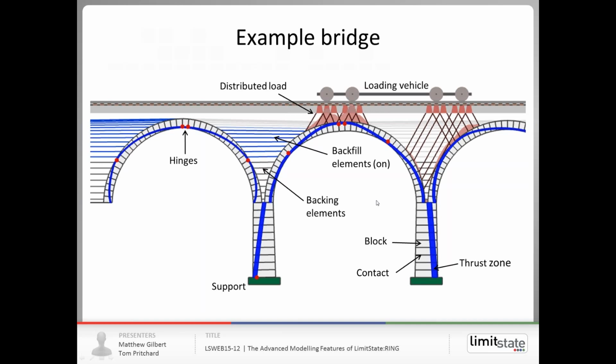You can also see the other bits and pieces in the bridge, so hinges, a thrust zone. The thickness of the thrust zone depends on the thickness of the masonry required to carry the force, and that clearly depends both on the magnitude of the force and on the compressive strength of the masonry.